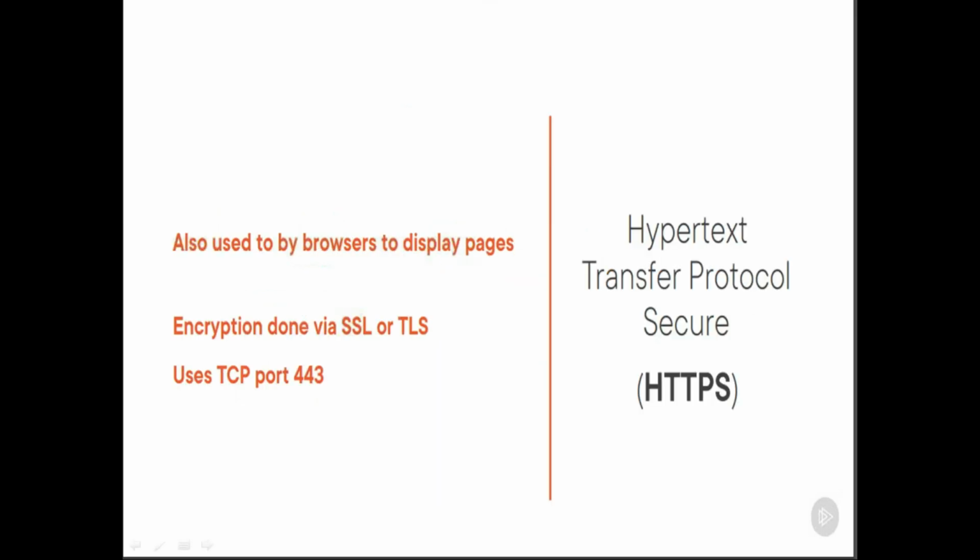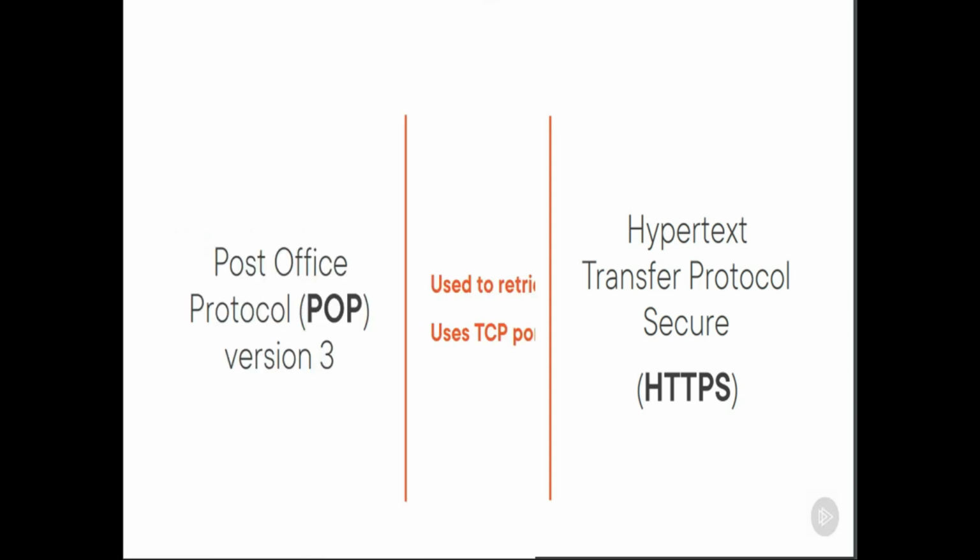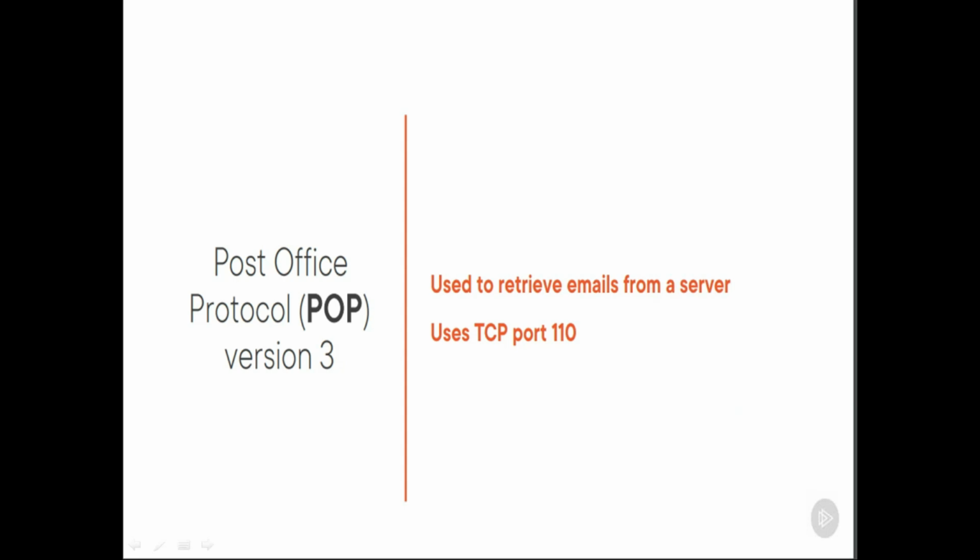So let's move to the next. Next protocol is Hypertext Transfer Protocol Secure, HTTPS, also used by browsers to display pages. Encryption is done via SSL or TLS, uses TCP port 443. So let's move to the next protocol. Next protocol is Post Office Protocol version 3, POP3, used to retrieve emails from a server, uses TCP port 110.